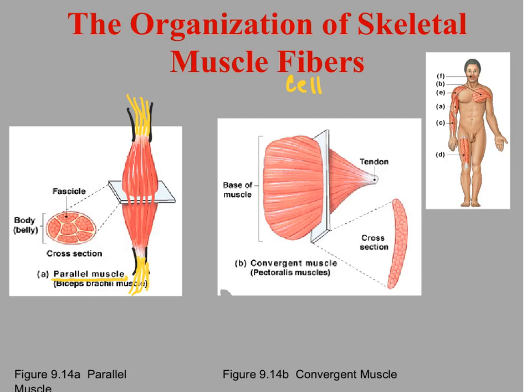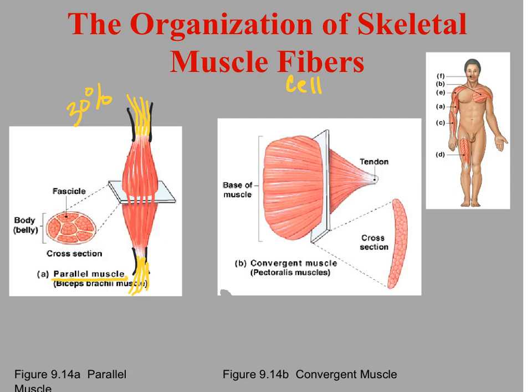And so these parallel muscle organizations allow for the greatest amount of contraction. Usually we get about 30% of a shortening of the muscle. So this type of muscle fiber arrangement creates the greatest range of motion.